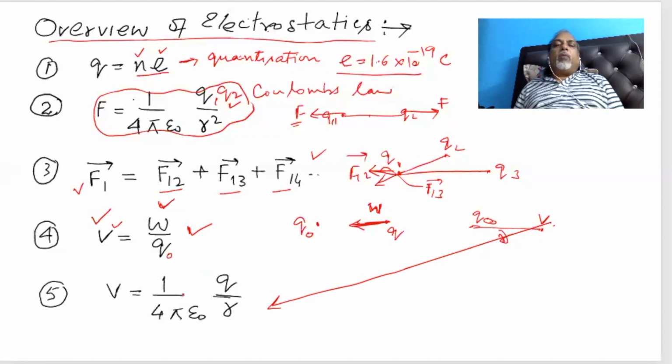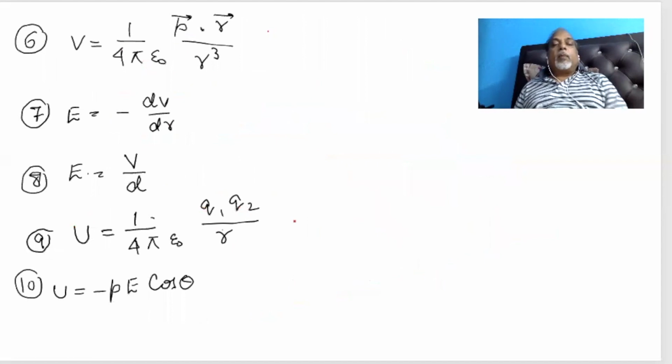It will be 1 by 4 pi epsilon 0, and naturally, taking this as Q0, it will be Q0 upon R. So if any charge is there, it has electric potential all around, and we can find it at any distance R with this formula, or through work done divided by Q.